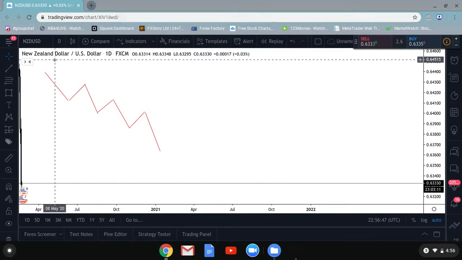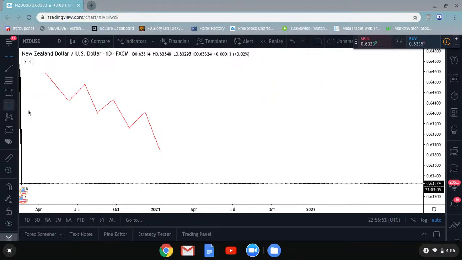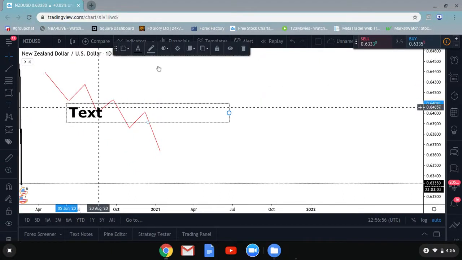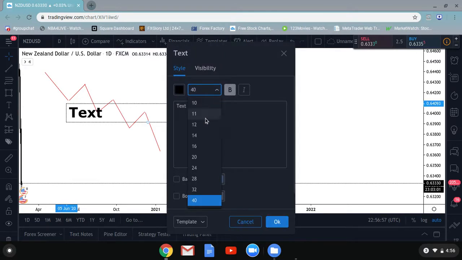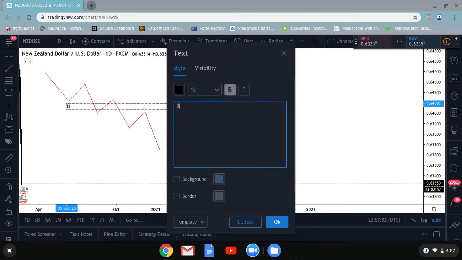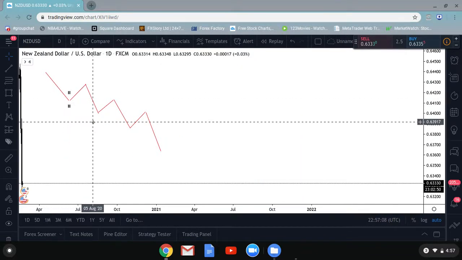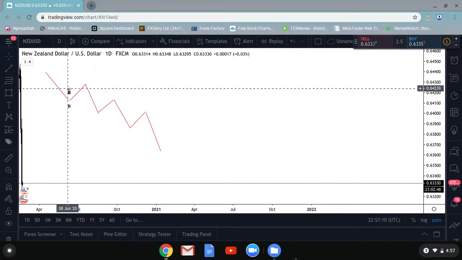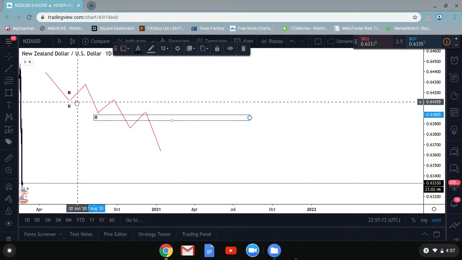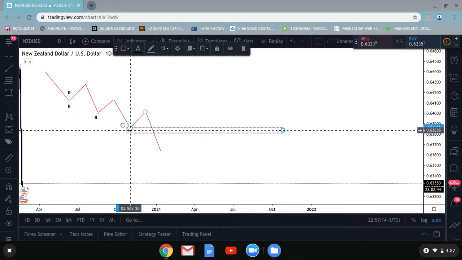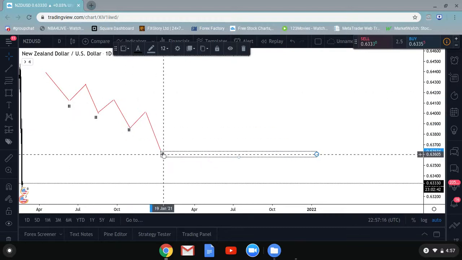So you have the three phases. The first is the bearish trend, and that's when you have price coming down. More lows. You have price making these lower lows.